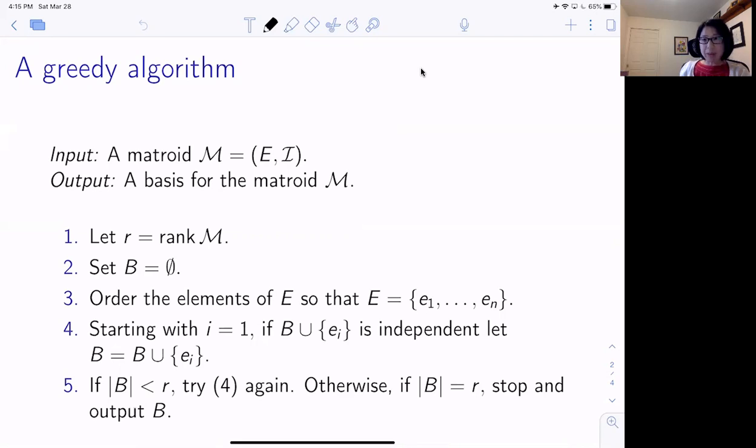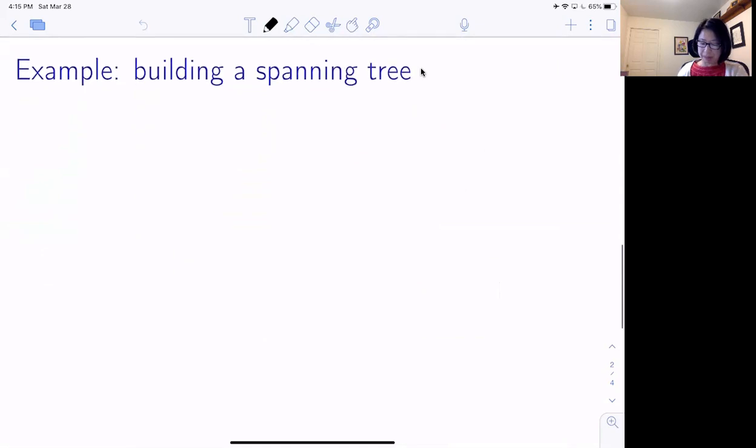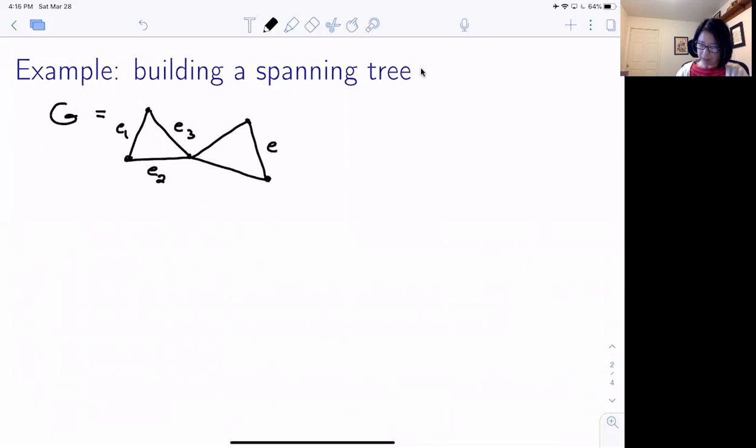Before we say a few words about why this works, let's look at an example. Suppose we wanted to build a spanning tree. So let's say we have the graph G, where we take edge 1, edge 2, edge 3. We're putting an ordering on the edges here. And then this is, I guess, the bow tie graph. Edge 4, edge 5, edge 6.